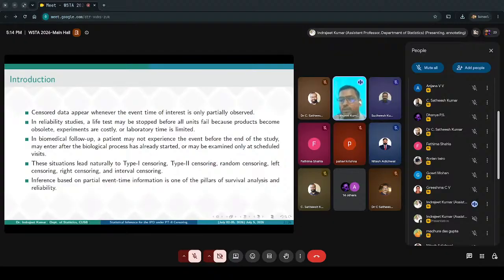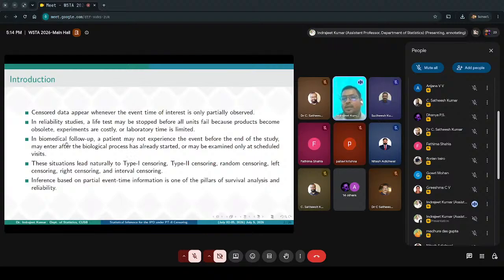Partial information is not always garbage, so we can make inferences based on censored data, which can be beneficial cost-wise and time-wise.